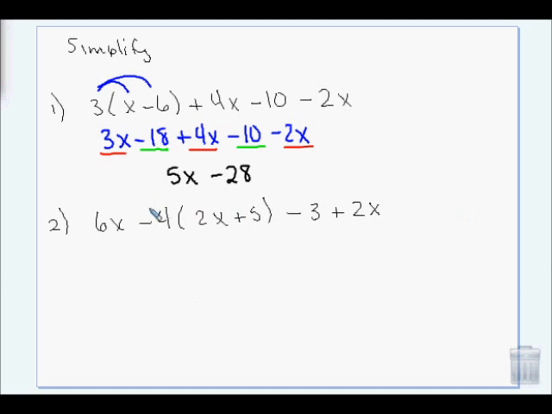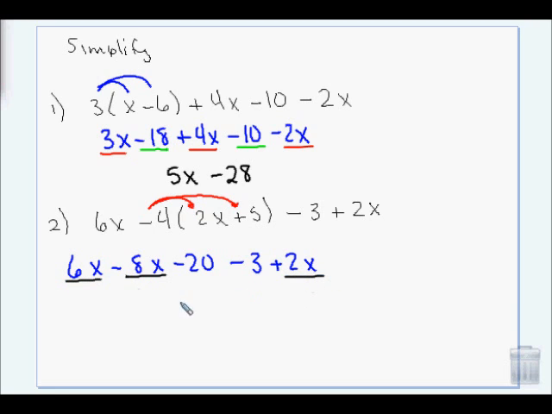I'm going to distribute this negative 4. And don't forget the negative has to stick to the 4. So when I distribute, I'm going to get 6x minus 8x minus 20, then minus 3 plus 2x, because that was just already there.